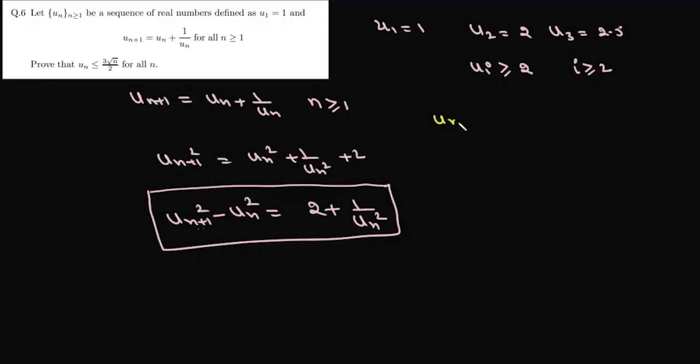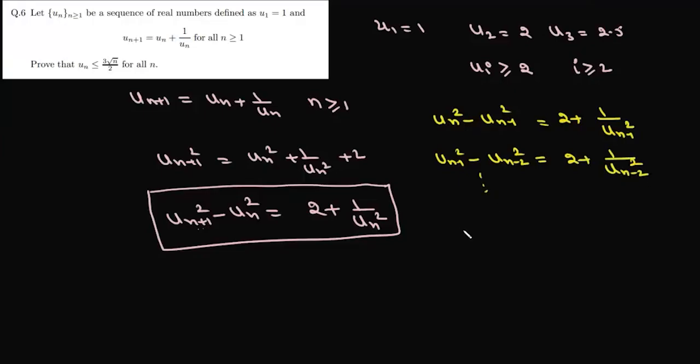So we can write Un square minus U(n-1) square will be 2 plus 1 upon U(n-1) square. Next one will be U(n-1) square minus U(n-2) square, and there will be 2 plus 1 upon U(n-2) square, and we will continue up to U2 square minus U1 square, and there will be 2 plus 1 upon U1 square.